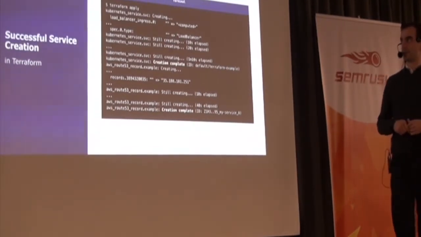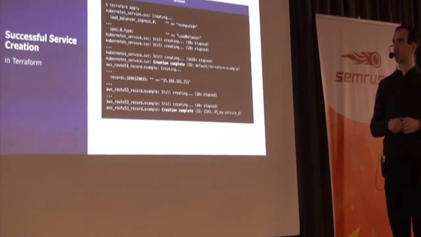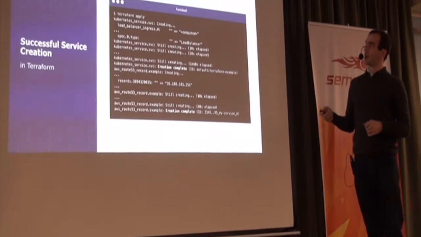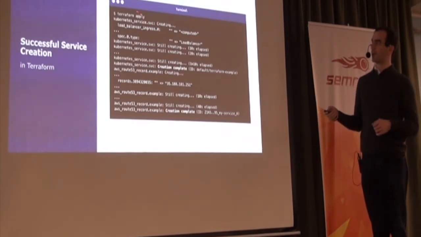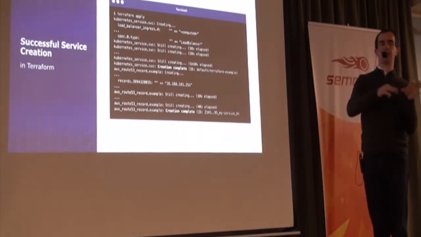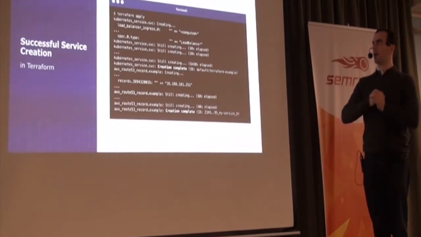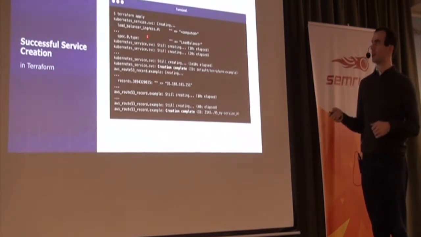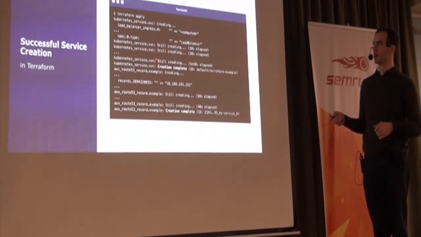Now here is a successful service creation in Terraform, where you get to see the ordering. So once we run apply, which means Terraform takes all the configs and sends all of the API requests in the right ordering, you can notice that here we start creating the service, and it waits for the service to actually finish the creation, which happens here after about a minute.